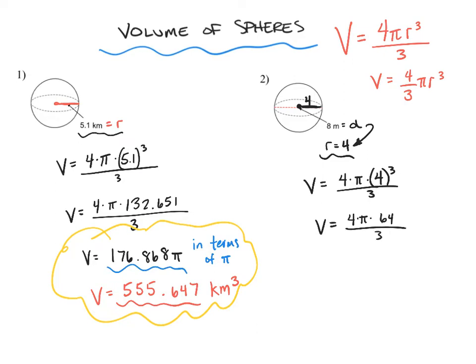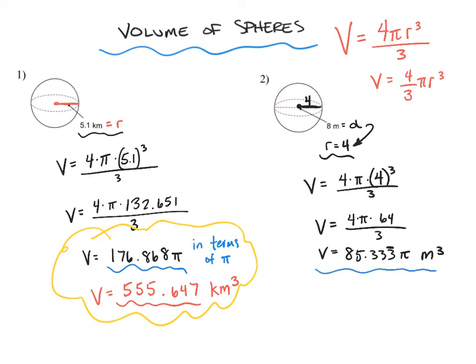All right, and now I'm going to multiply that 64 by 4 and divide it by 3. And I got 85.333 repeating. I never multiplied by pi, so there's an answer that's in terms of pi still.